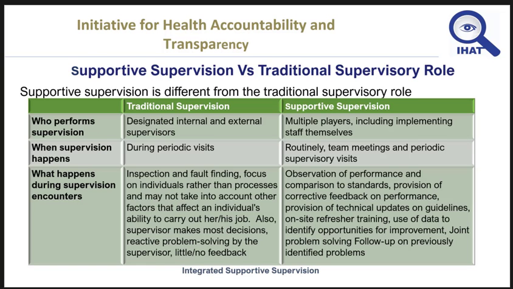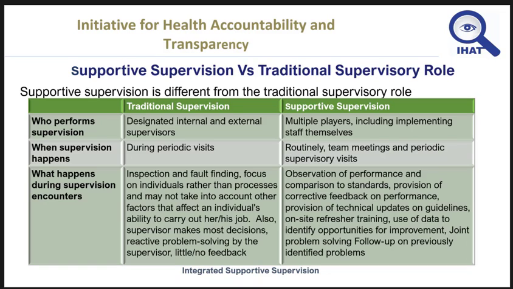Now let's take a quick contrast between supportive supervision and the traditional supervisory role. Looking at the area of who performs supervision, in traditional supervision, supervision is designated to internal and external supervisors only, while in supportive supervision, multiple players, including implementing staff themselves, are involved in the supervision process.